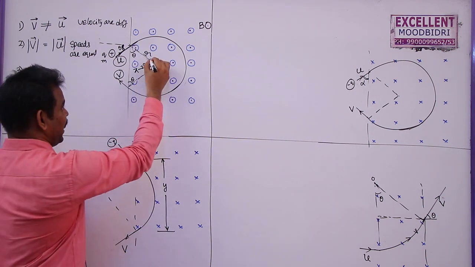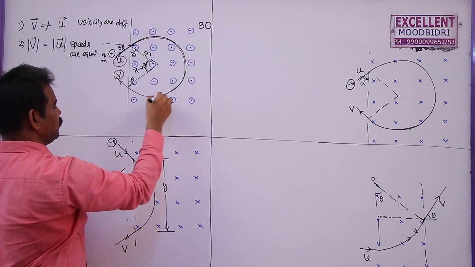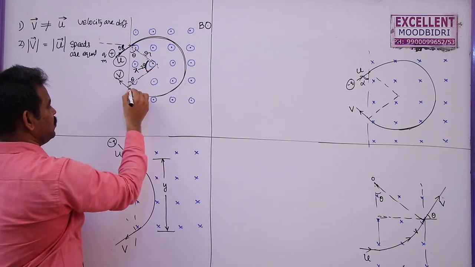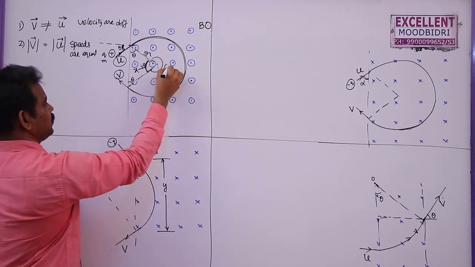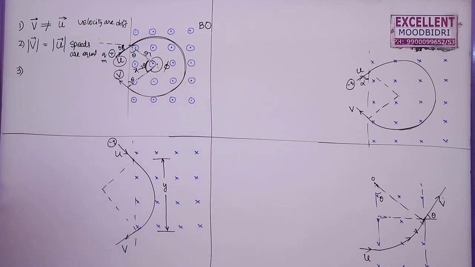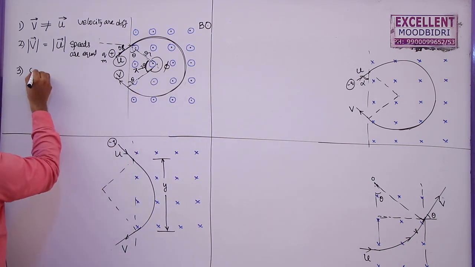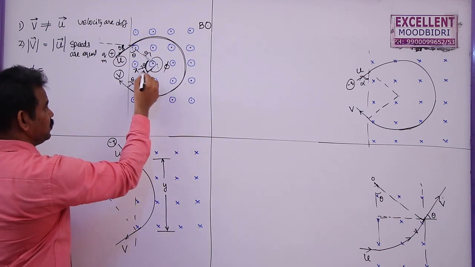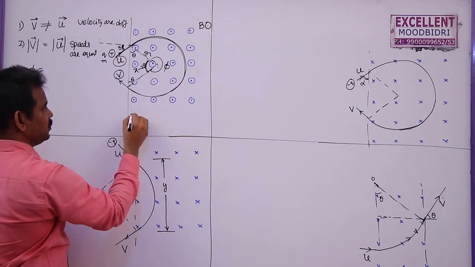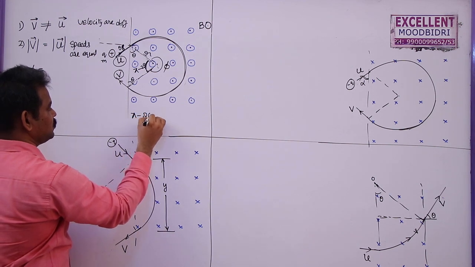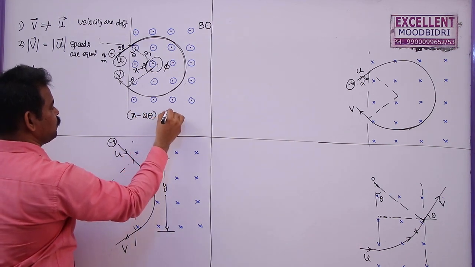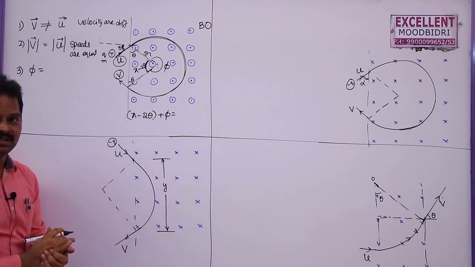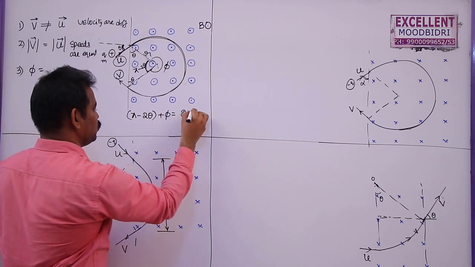So what is the angle described by the charged particle within the magnetic field when it leaves? I will take it as phi. Remember students, the total angle at the center is 360 degrees, that is, pi minus 2 theta plus phi is equal to 360 degrees, which is 2 pi.